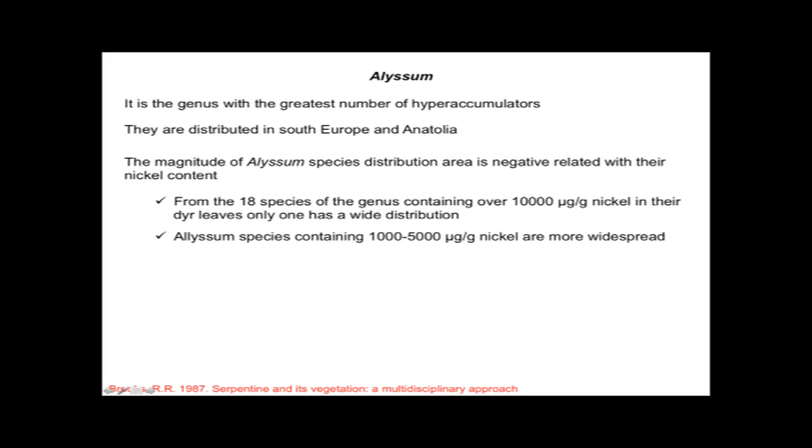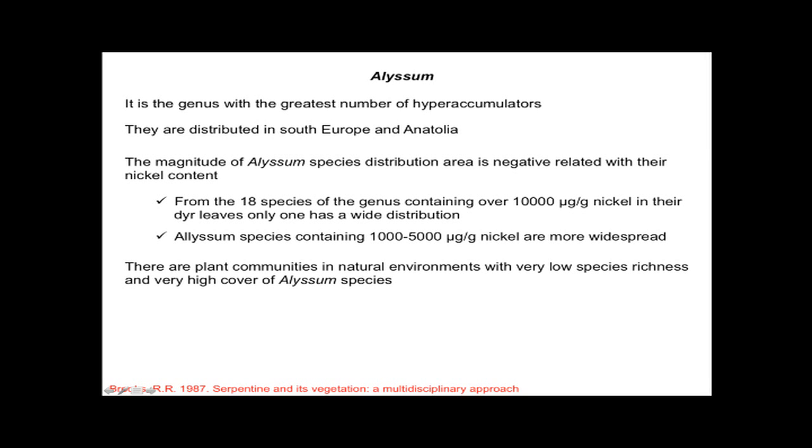And Alyssum species containing from 1,000 to 500 micrograms per gram of nickel in their leaves are more widespread. And also there are a lot of cases of plant communities where Alyssum species prevail and dominate in cover. A fact that shows the adaptation of these species to serpentine soils.